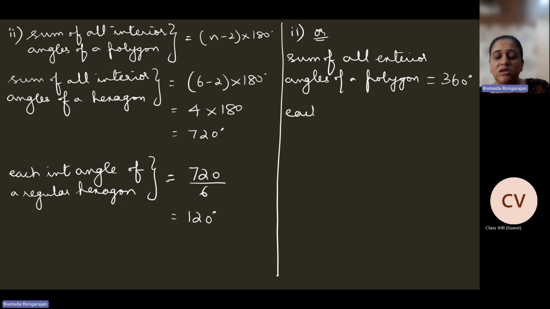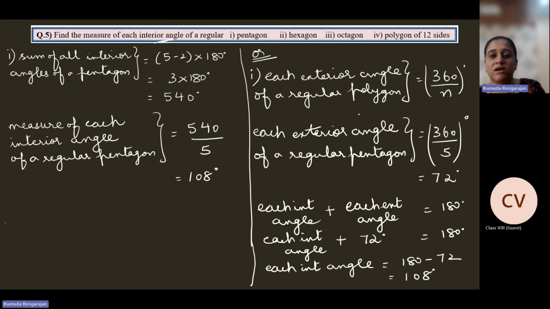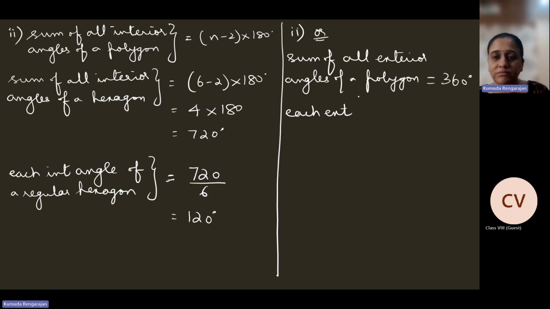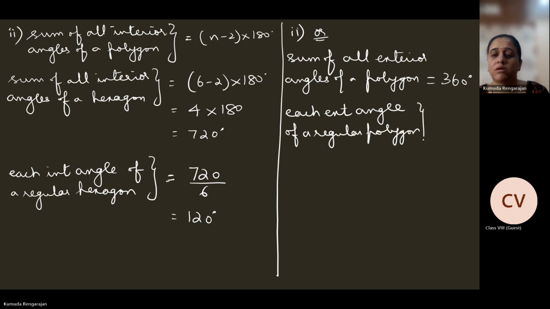So each exterior angle, I'll just work it like I worked the earlier one. I wrote the formula for each exterior angle. Each exterior angle of a regular polygon is equal to what? 360 by n.